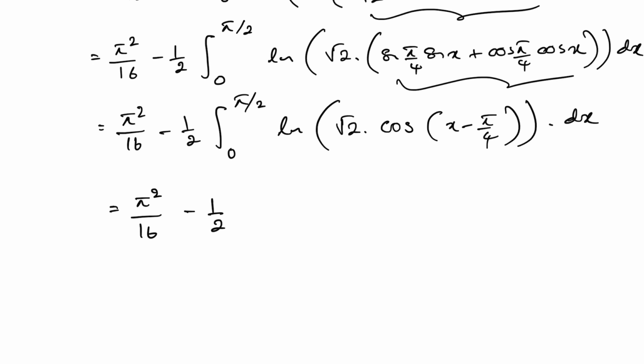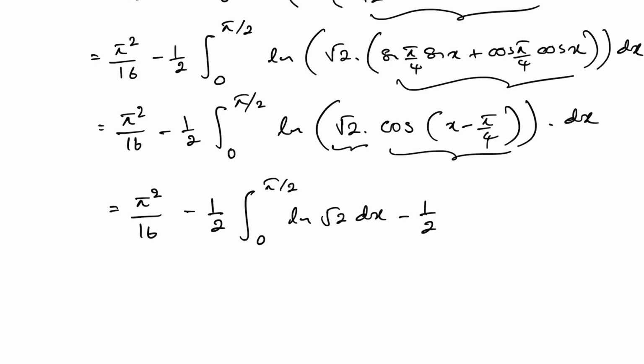Now here is a product, so we can break this one into two integrals, so we have minus 1 half integral from 0 to pi over 2 natural log of square root of 2 dx, minus 1 half integral from 0 to pi over 2, here natural log of cosine of x minus pi over 4 dx.